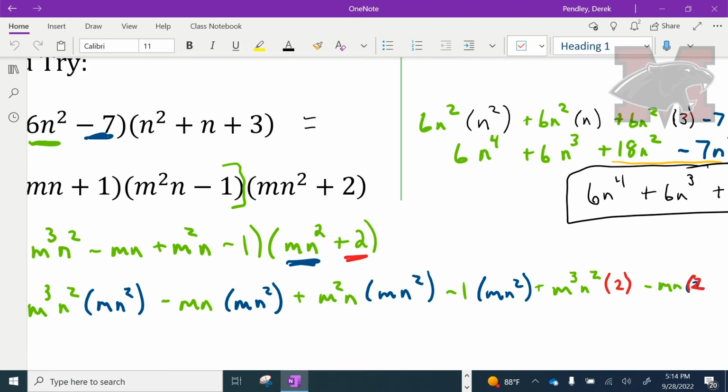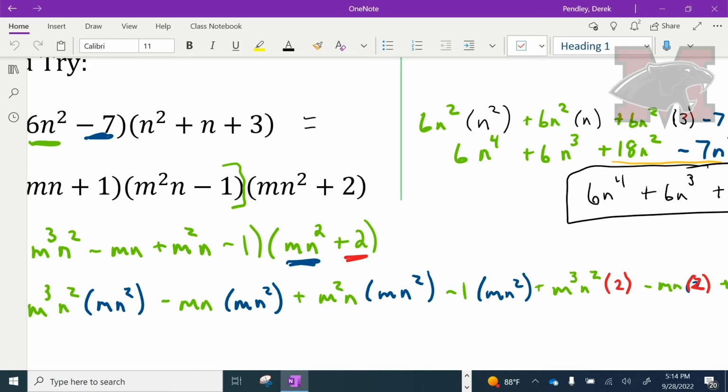And then the plus m squared n multiplied by the positive 2. And then the negative 1 multiplied by the positive 2.